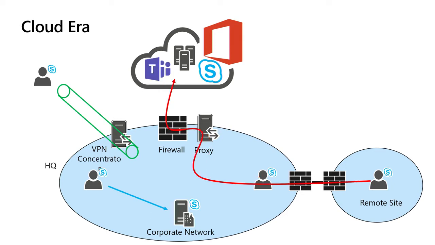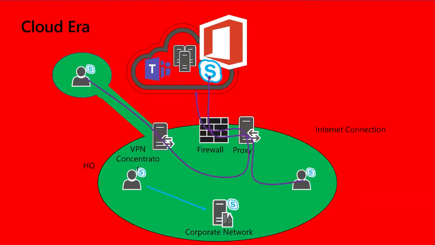People in remote sites potentially go to one central location and break out to the internet, which is also not a great idea, because there's going to be more latency. Additionally, the people connecting through the VPN use exactly the same path, right? So we all have to take care of this. When we look at the trust model, Office 365, Microsoft 365, Skype and Teams are not a trusted resource.